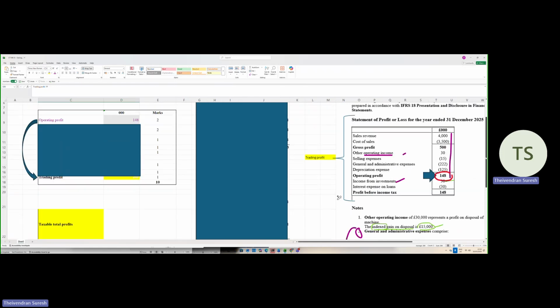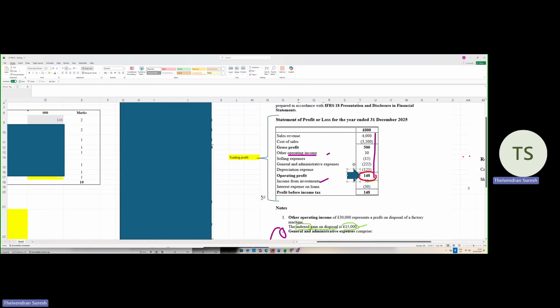But now I've been told, listen, this 30 is not trade related. You have added it, but it is related to the disposal of a factory. That's where you got 30,000.